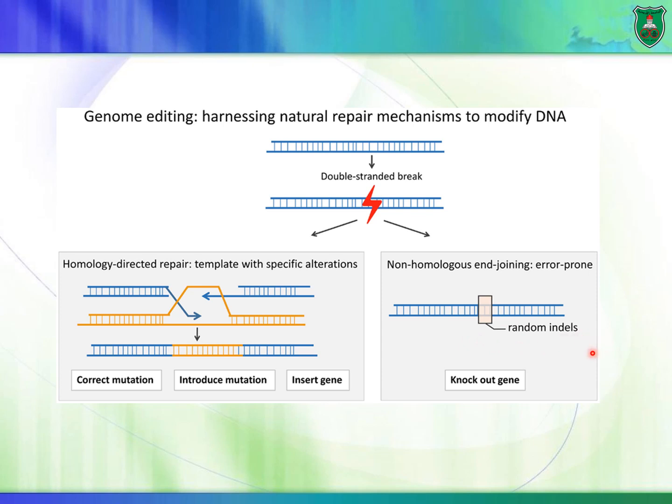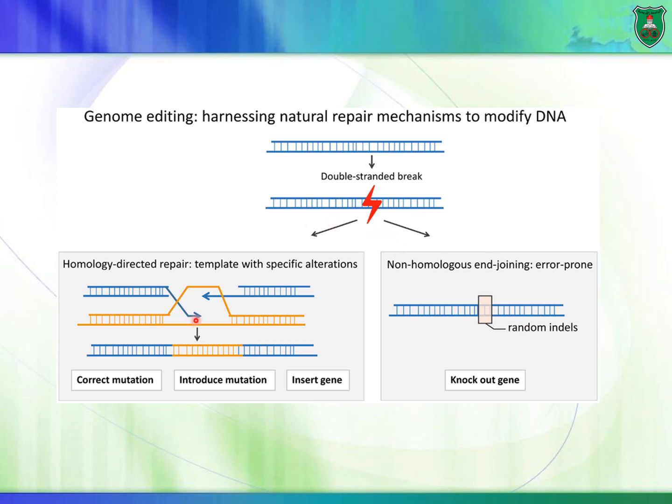Indels stands for insertion deletion mutations. So if you have a gene right here and you have insertion or deletion, you're knocking out the gene. You are disrupting the gene. The gene becomes dysfunctional. Okay?